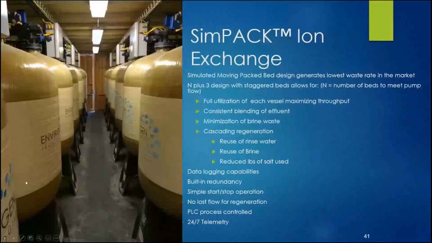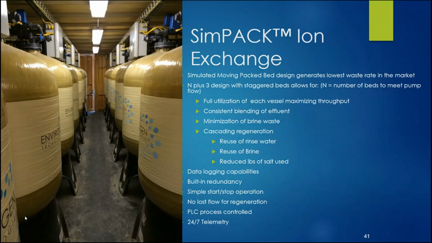Envirogen has several standardized ion exchange system configurations that we have put together for various applications. The highest efficiency system is called the SIMPAC system, standing for Simulated Moving Packed Bed Design, in which there are N equals the number of vessels needed for the flow rate, and then there will be 3 vessels in a regeneration configuration.